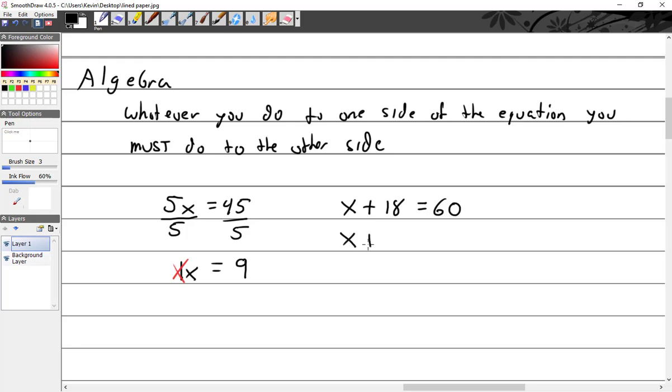So x plus 18 minus 18 equals 60 minus 18. I got to subtract 18 from both sides. So plus 18 minus 18 equals 0. So I just leave it off. I'm left with x equals 60 minus 18. So x equals 42.